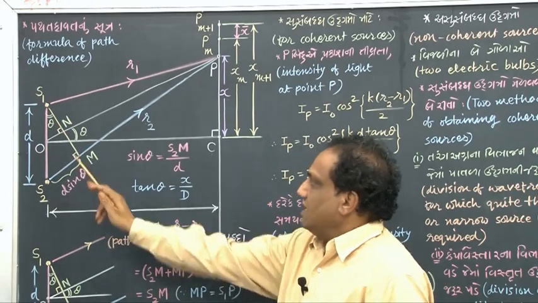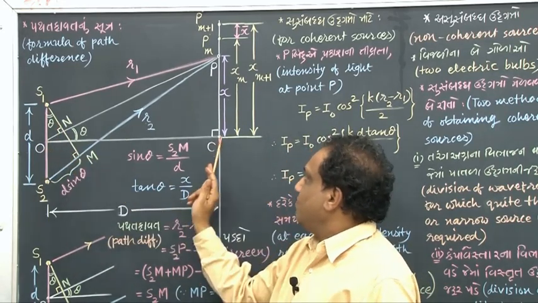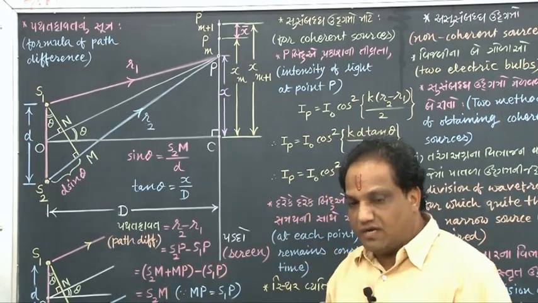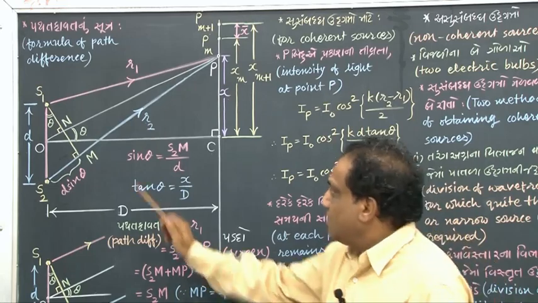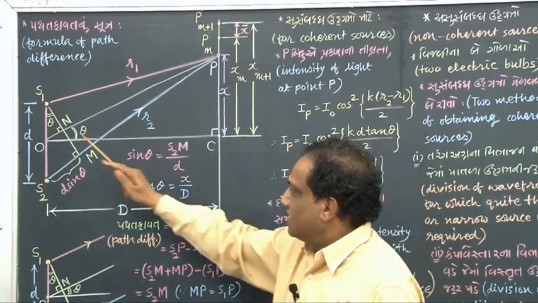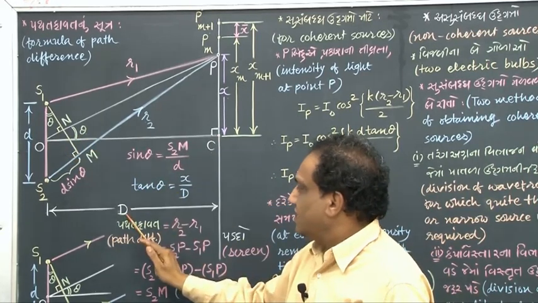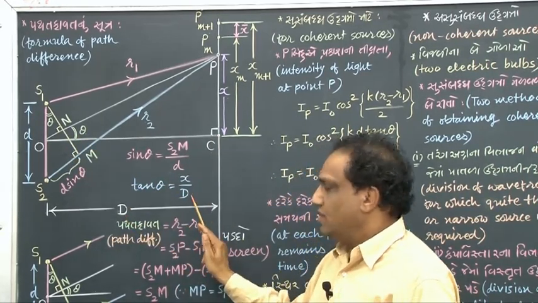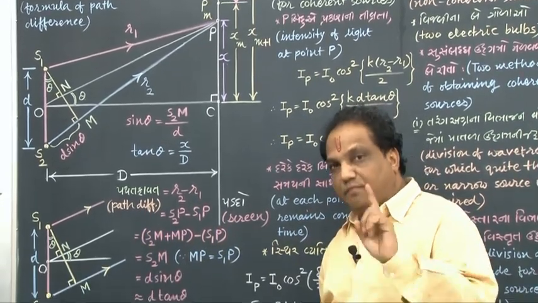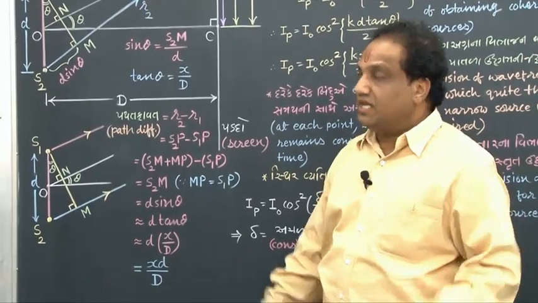In this right angle triangle OCP, now find tan theta. Tan theta means opposite to theta divided by adjacent to theta. Opposite to theta is x, and adjacent to theta is OC, or you can say capital D.